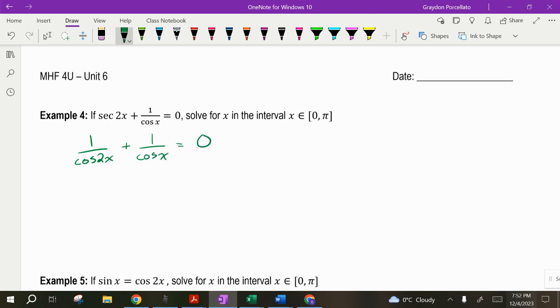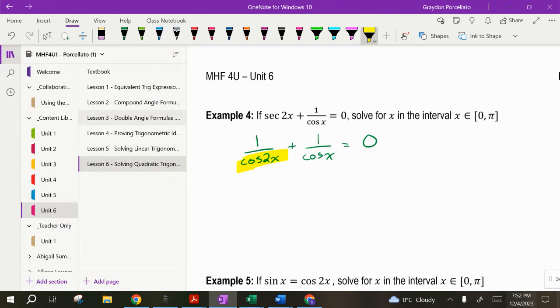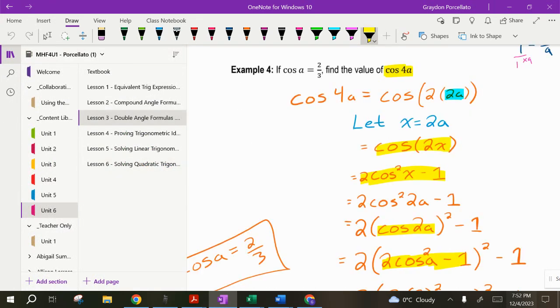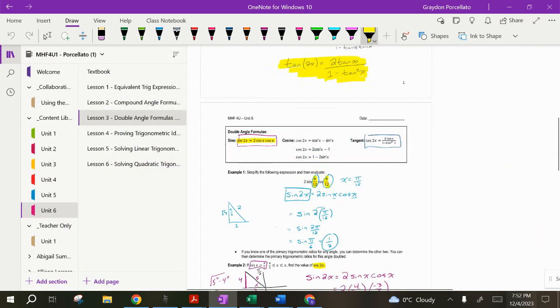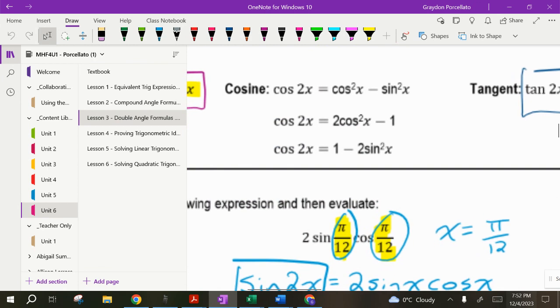Now, cos 2x here and this value here, they don't have the same denominator. But notice this here, that's a double angle formula, and we actually have a double angle formula for that. So I'm going to show you our double angle formulas. For that, we have 3 options.